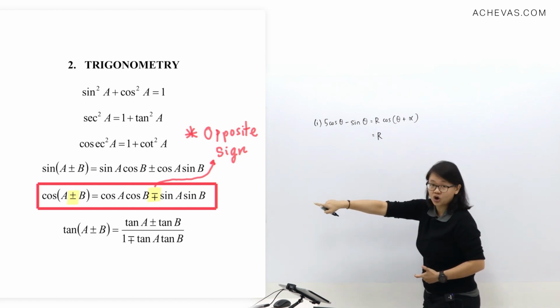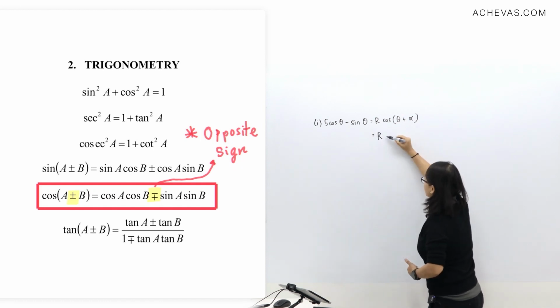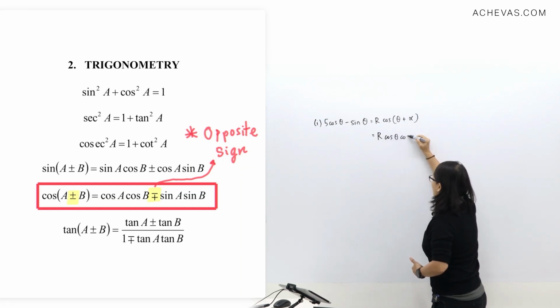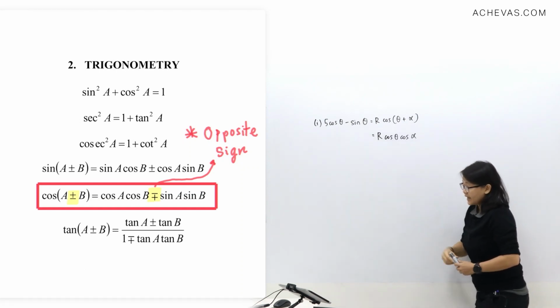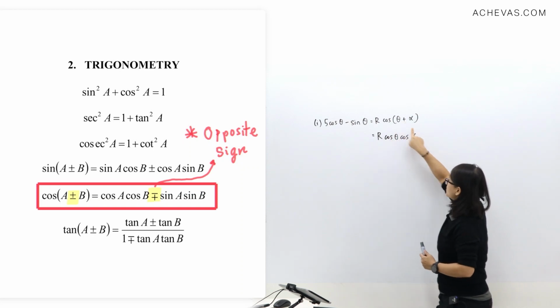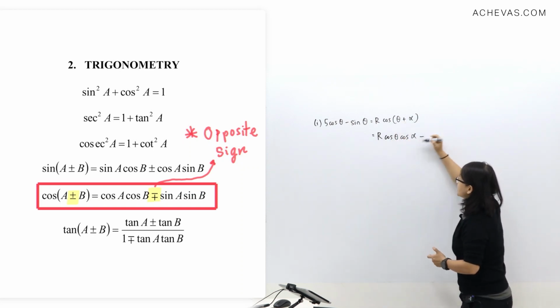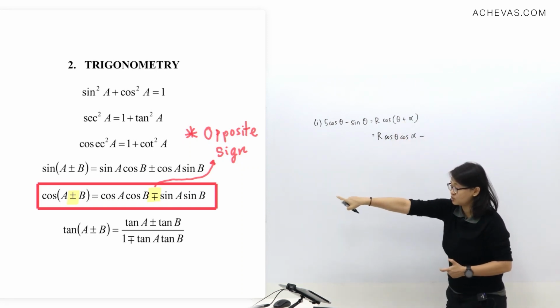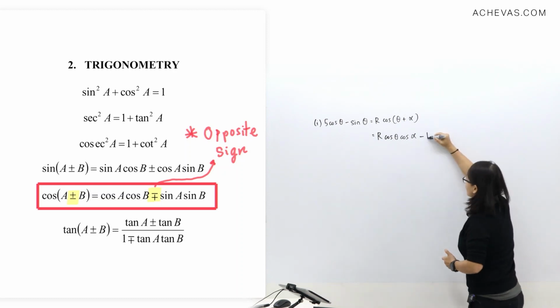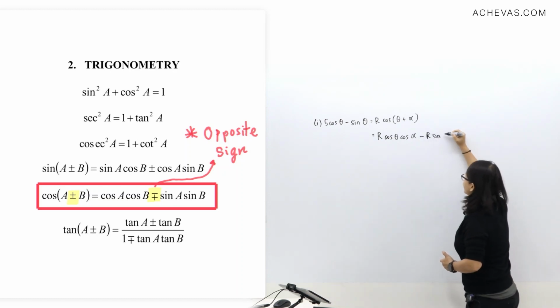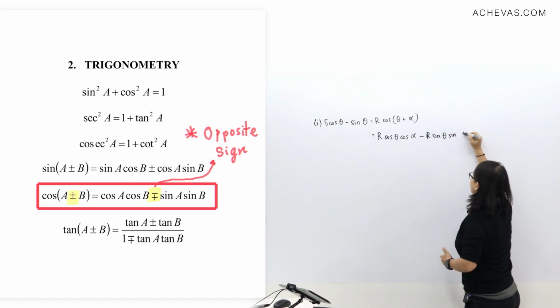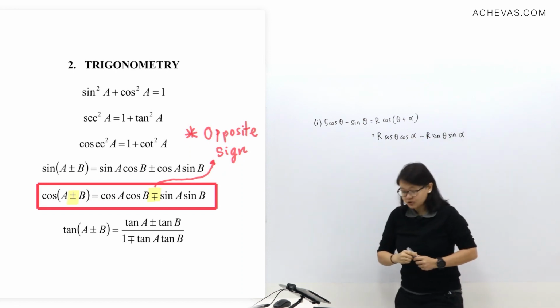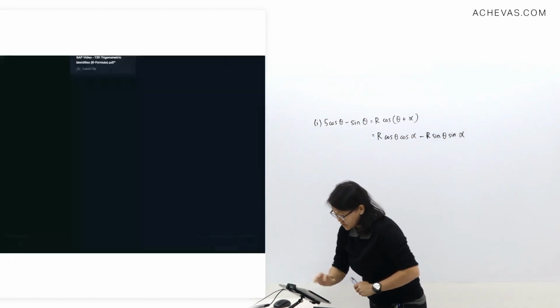Follow the formula, cos A cos B, meaning I'll get cos theta cos alpha. And in the middle, from plus, we switch to minus. And r needs to multiply the second term as well, so I get r sin theta sin alpha. So this is how you use the r formula. So let's go back here.